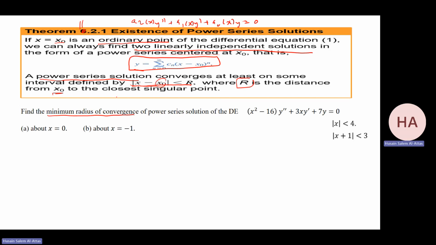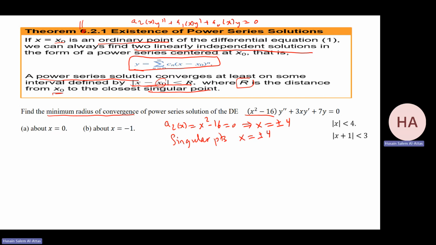Now, to find that, I need to find the singular points first. What are the singular points here? In this case, I have a2 of x, x squared minus 16, equals 0. So x equal plus or minus 4. So the singular points are x equal plus or minus 4.